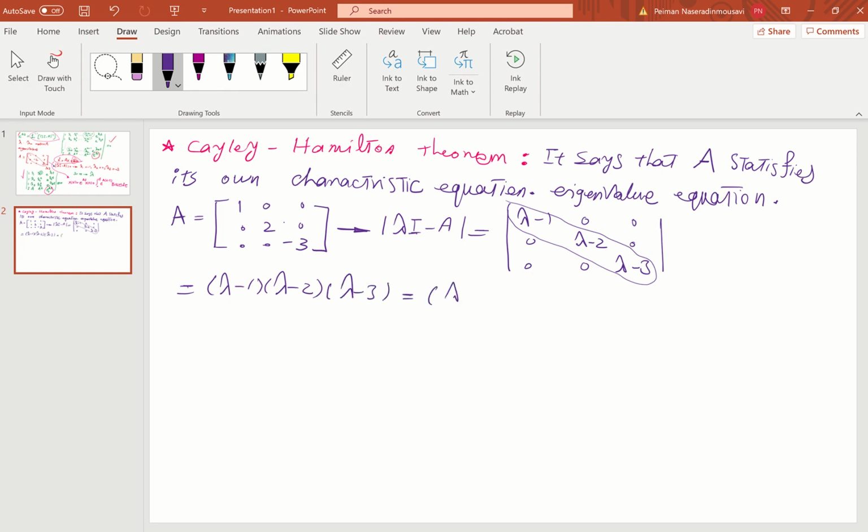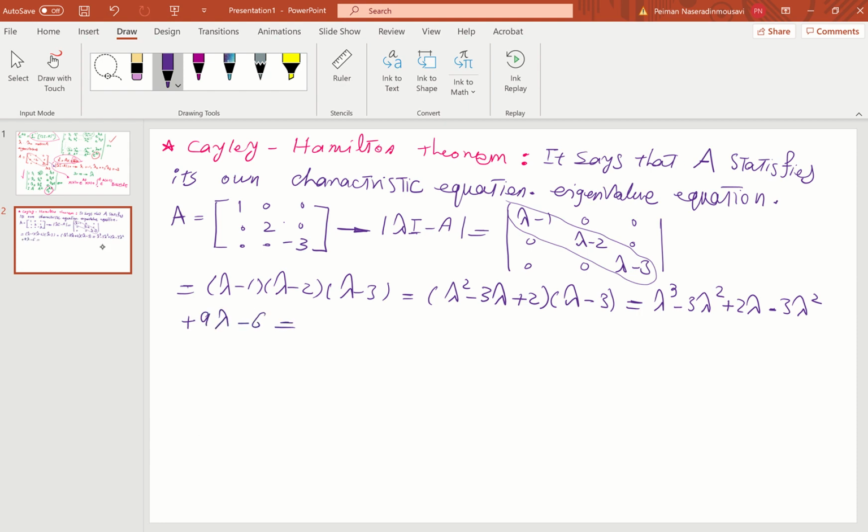You can write it as lambda square minus 3 lambda plus 2, times lambda minus 3. Why am I doing that? Because I have an intention to teach you a point. So what you get is lambda cube minus 3 lambda square plus 2 lambda, minus 3 lambda square plus 9 lambda minus 6.